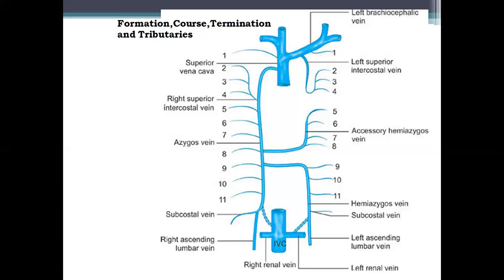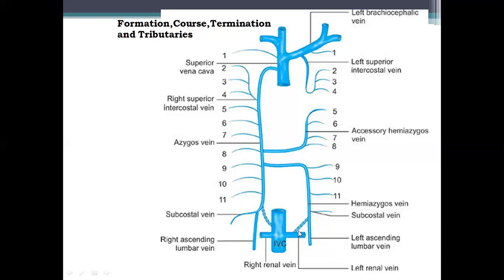And then its course. This hemiazygos vein, once it forms, courses upward, pierces the left crus of the diaphragm and ascends vertically in front of the left side of the vertebral column, and then it reaches the level of T8. So this is the level of T8. This is T4, this is T8, and this is T12.